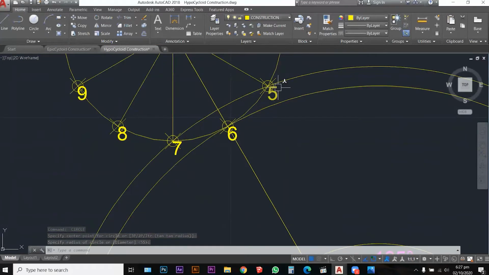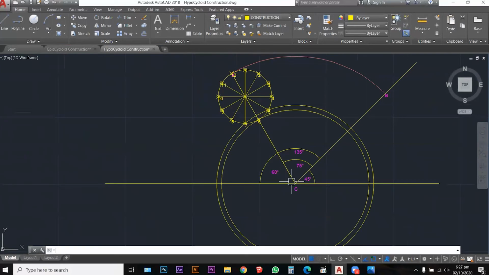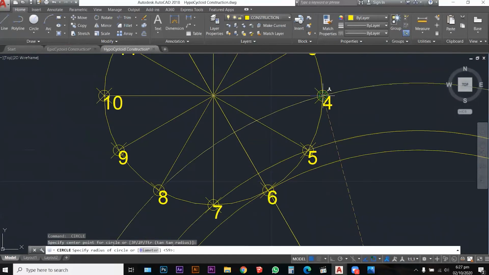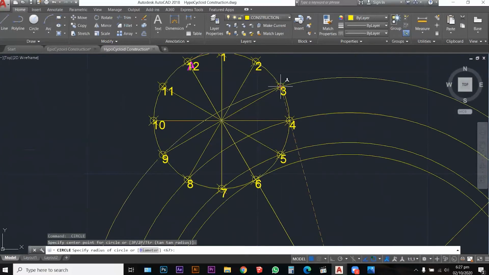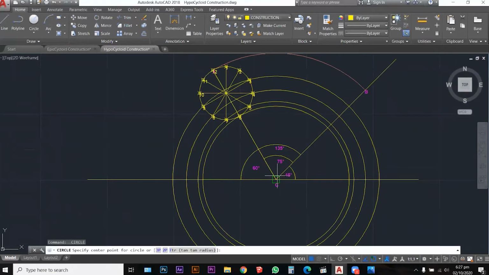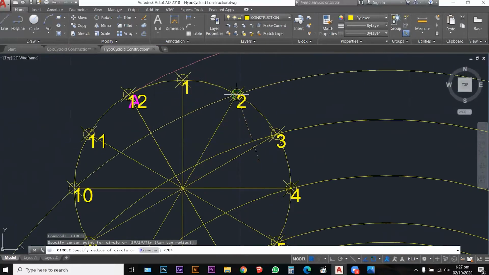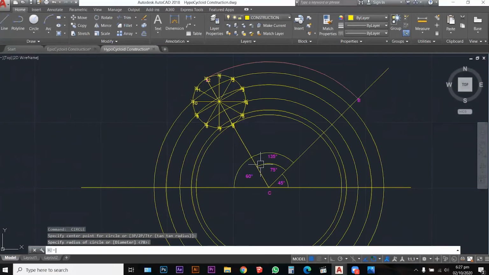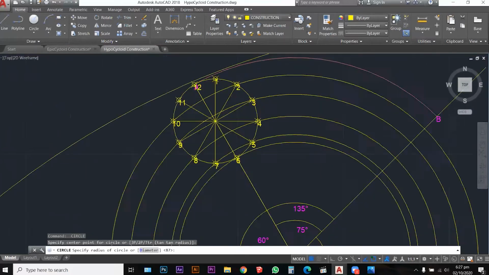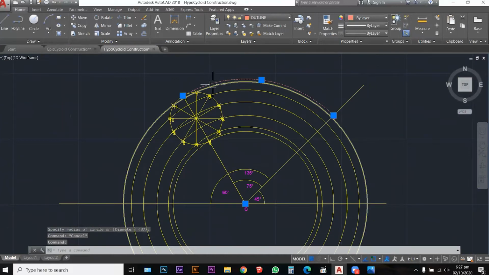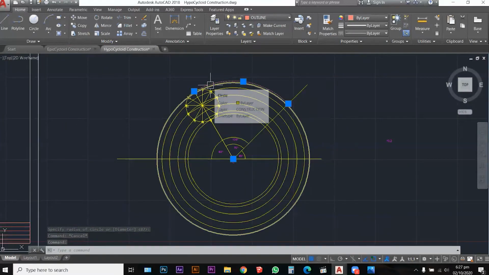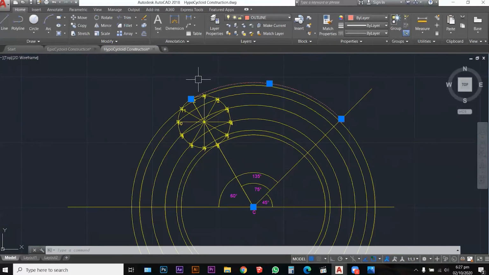However, 7 and 5 go together once we pull our circles from point C, birthing them at point C. 4 and 8 go together. 3 and 9 go together. 2 and 10 go together. 1 and 11 go together, and 12 stands alone there, which is the base that the rolling circle would roll on.